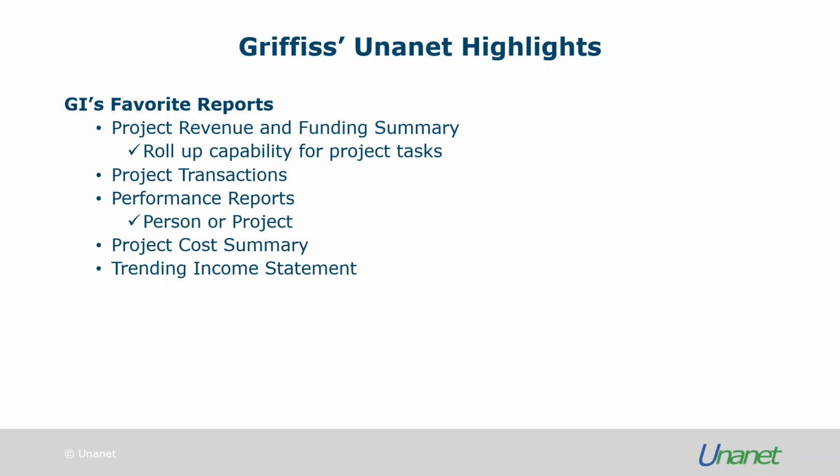And the fact that they can be customized and then run with one click is just absolutely amazing. And then one of the more newer income statement reports that they added last year was the trending income statement, which is another one of my favorites. I like to be able to see all the expenses broken out over the 12-month period, which is very helpful. Next slide.